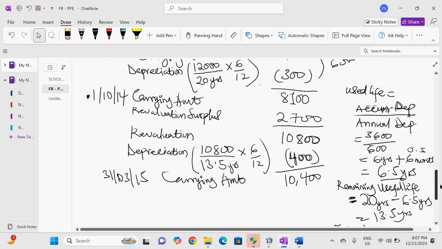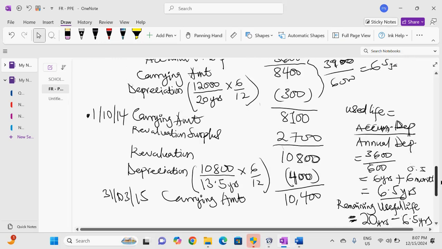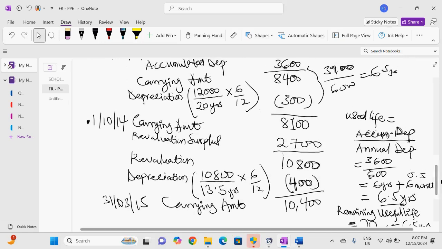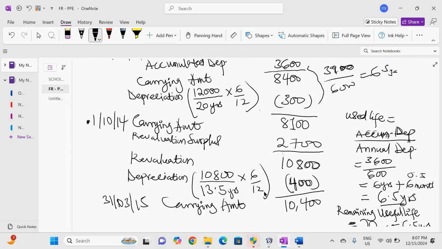Look at the depreciation here. Depreciation in this year was 400. Depreciation here was 300. So 400 minus 300 is giving us 100. That is the excess depreciation. But this is not the full year.